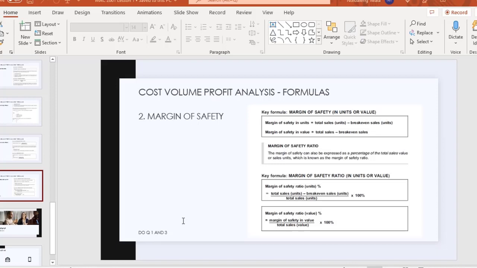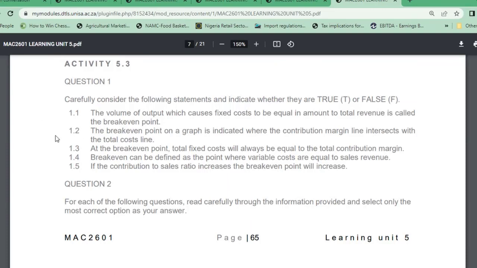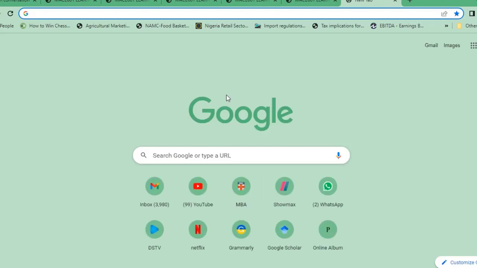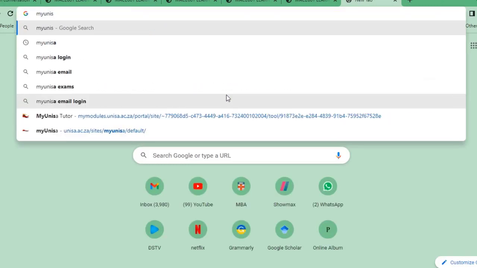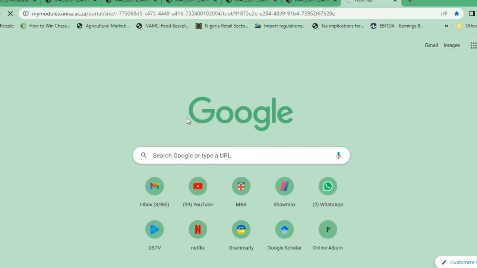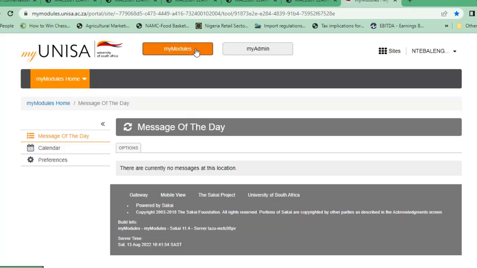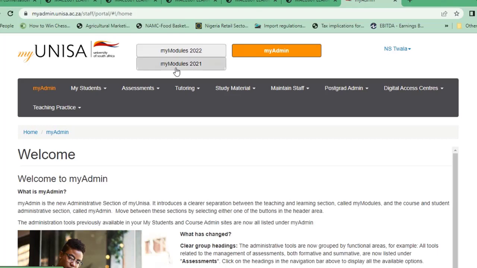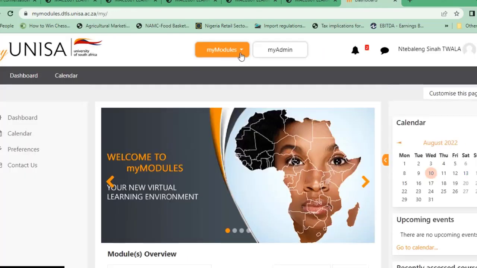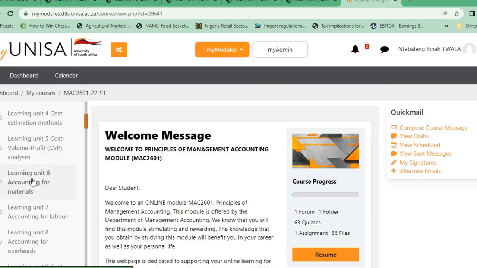Let's do activity 5.3 in your learning model. You can now see the activity. If you guys have your module, that would be nice.